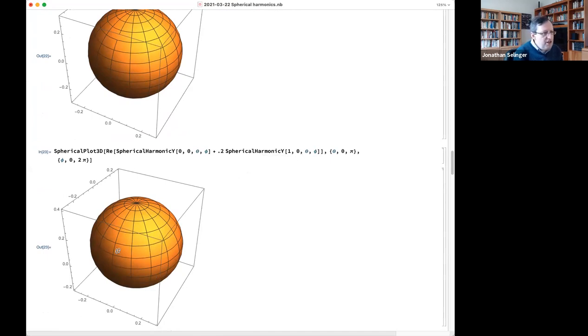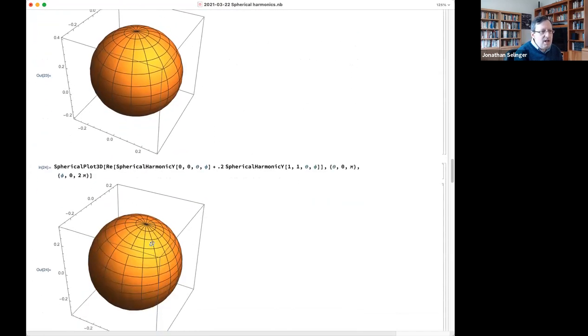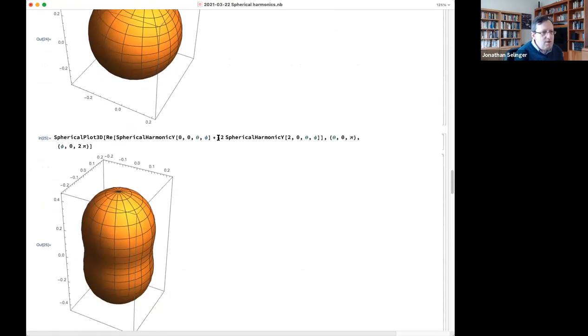Well, this is still a sphere, but it's a sphere that's displaced upwards a little bit. That would not be very useful as a description of a shape, right? Likewise, the 1, 1 spherical harmonic just makes the sphere be displaced sideways. But now let's get to something more interesting.